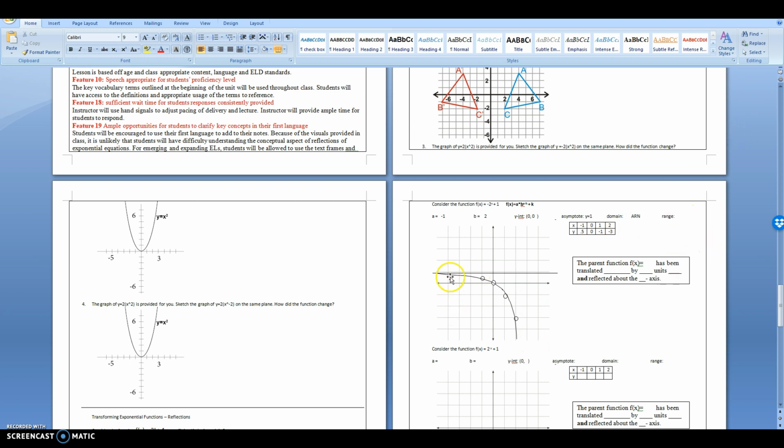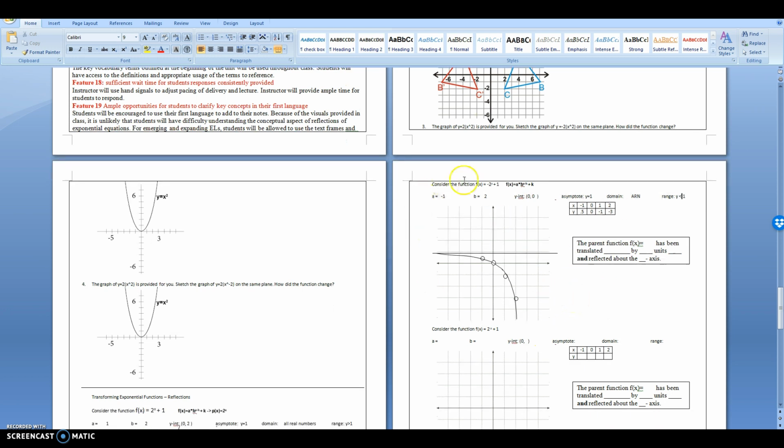Then looking at our graph, our range is what? Well, we know it has something to do with 1, and our range is y. So what goes in between here? Is the graph facing up or down? It's facing down, so it's going to be less than.